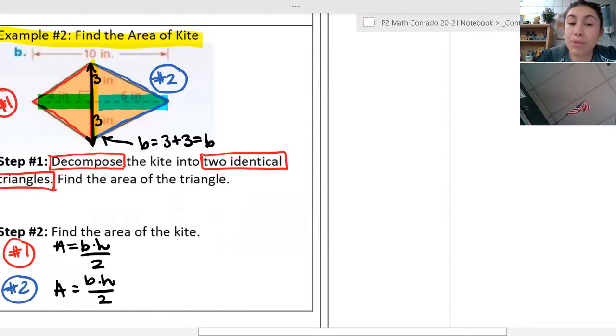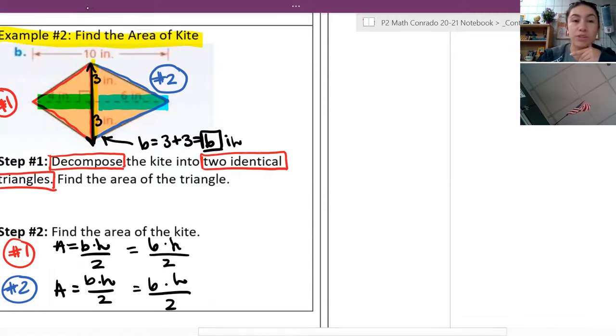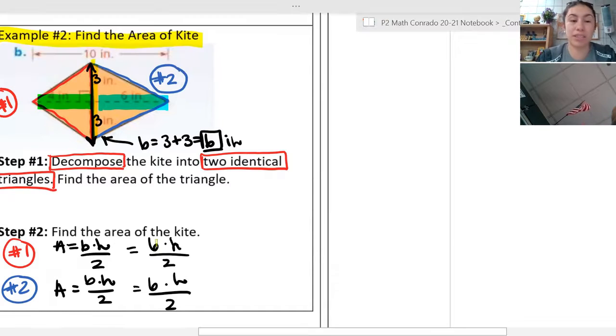So we would add 3 plus 3, which is 6. So now we can use that base value to find the area of the entire red triangle.